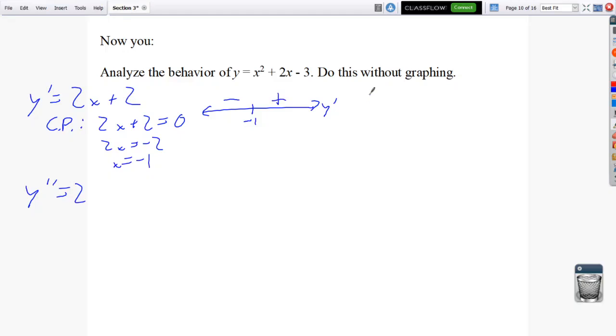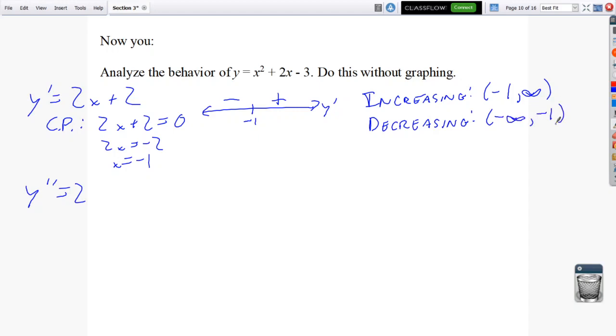So now I can see that this function is increasing from -1 up to infinity, decreasing from -infinity up to -1. And again, all I'm doing is looking at the sign here. Further, if I sketch this in here, down and then up, I can see that -1 represents the location of my minimum.